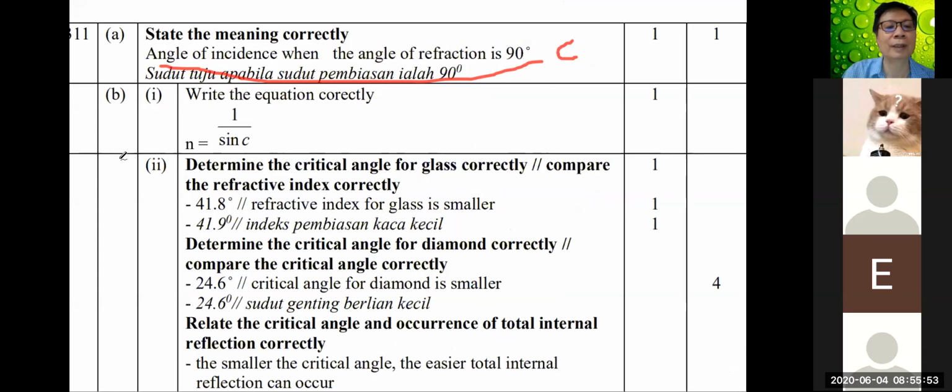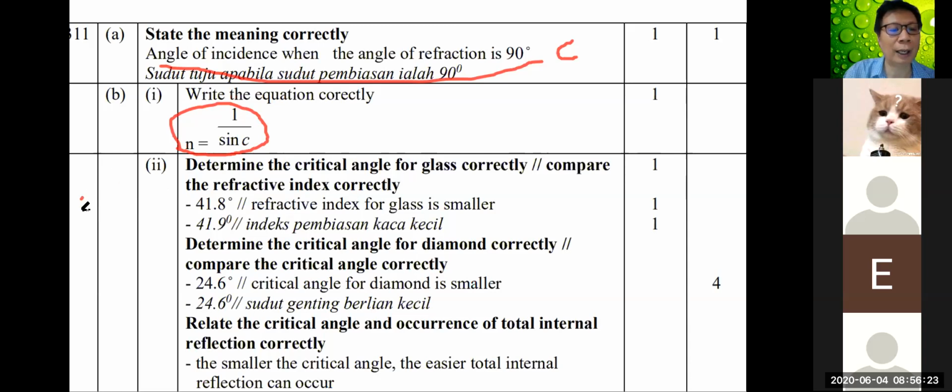And second one, the equation of refractive index is n equals 1 over sin C. And the last part of the question, they ask you to explain why diamond easily has total internal reflection. So you calculate the refractive index.